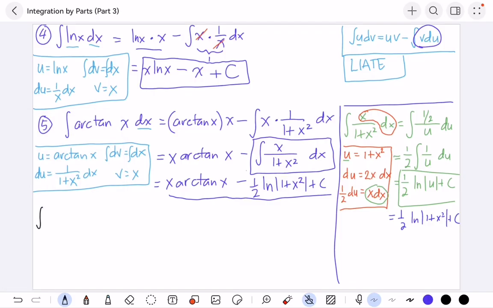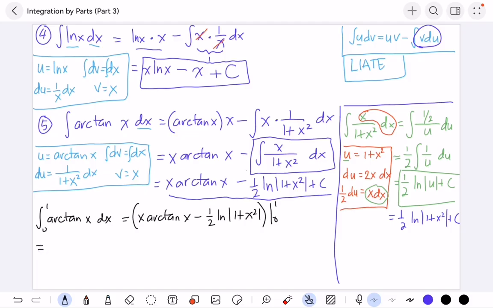So the integral of arctan of x dx from 0 to 1 is x arctan of x minus 1/2 ln of the absolute value of 1 plus x squared, evaluated from 0 to 1.